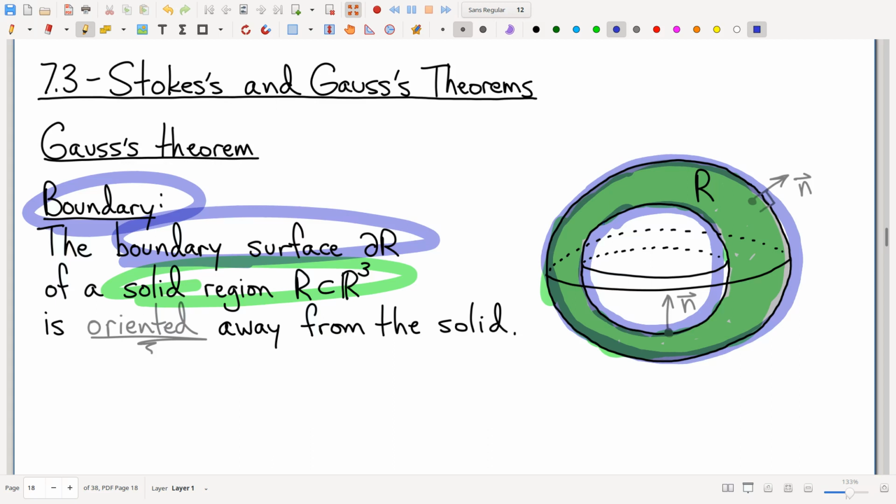The other big point, and you're going to remember this from Green's theorem, the word boundary is now a loaded word. Boundary does not mean, in this case, just a surface. Boundary means a surface with a very particular orientation. This particular choice of orientation is standard convention.